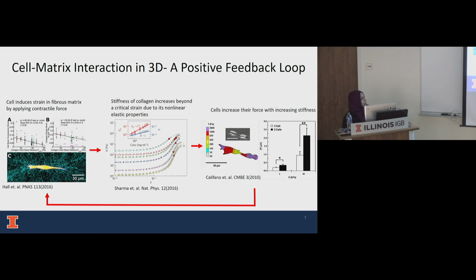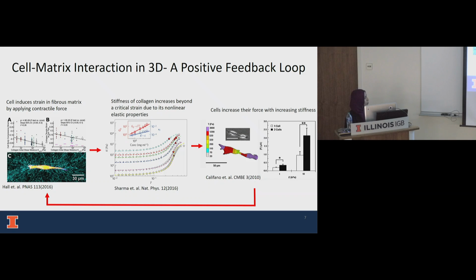So now I'm going to talk a little bit about how cells interact in 3D. In 3D, biopolymer proteins such as collagen or fibrin are known to be nonlinear elastic, and these are fibrous matrices. So when cells are embedded in such a 3D matrix, they are known to interact with these fibrous structures.